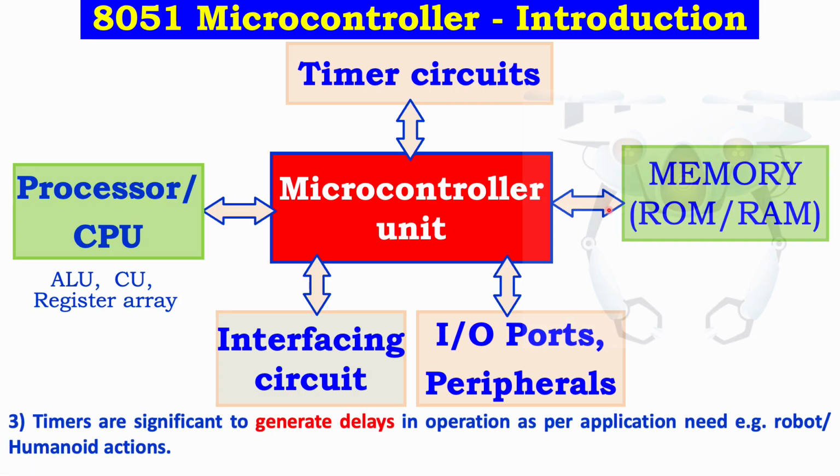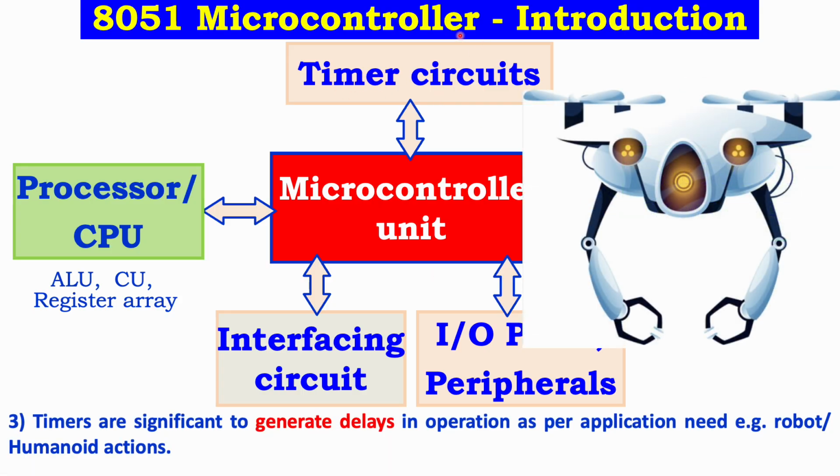Now let us see the third part, timers. We require timers. Why do we require timers? Whenever we use this microcontroller for a particular application, there are so many applications. One of them is the fly robots.